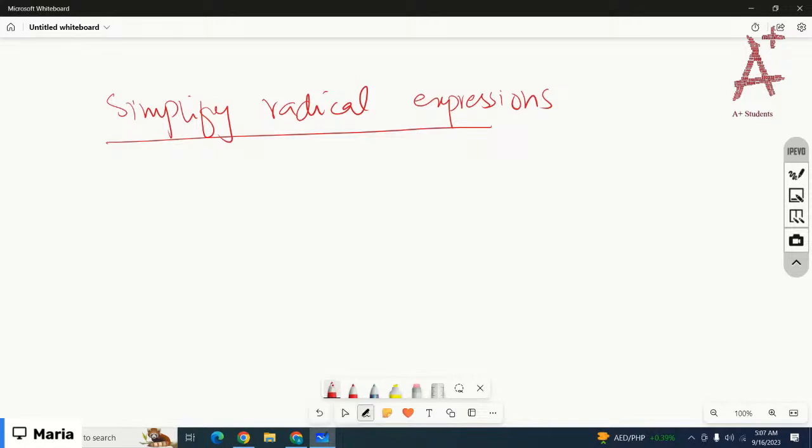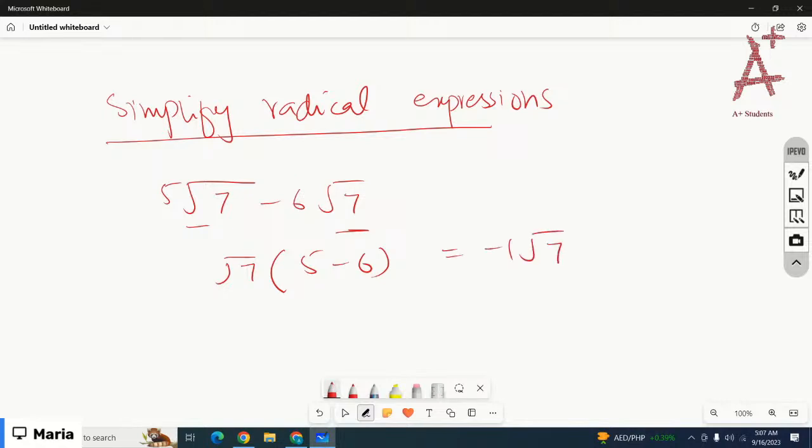Okay, the next one is 5 square root 7 minus 6 square root 7, right? So you can see square root 7 is common for both. That means they are like terms. So you can take square root 7 common. You are left with 5 minus 6, right? So 5 minus 6 is -1. So the answer is -1 square root 7.